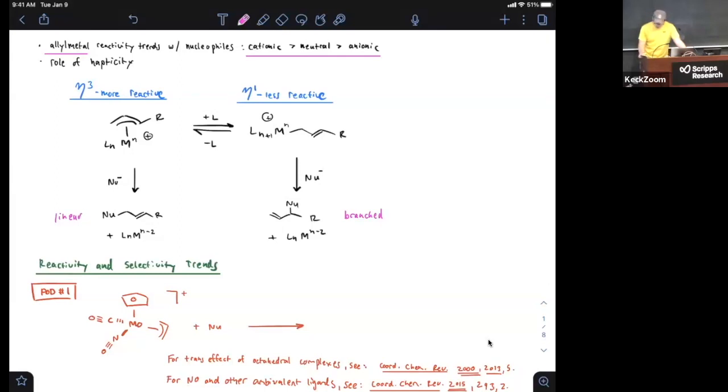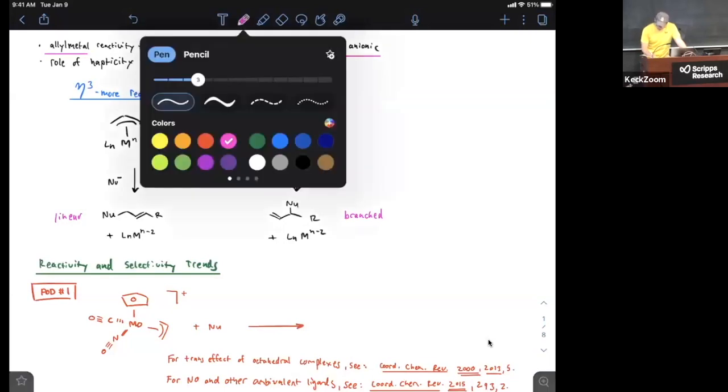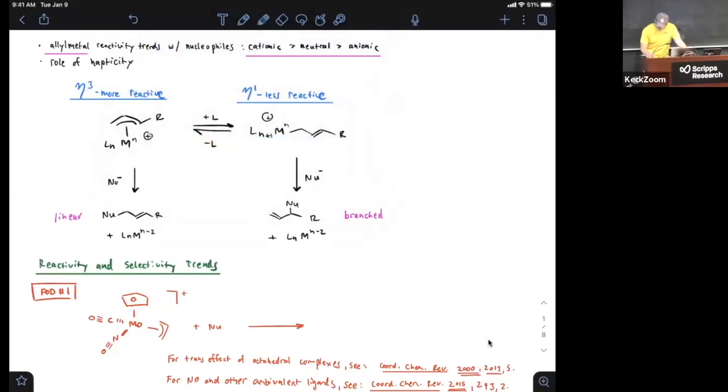Okay, so Madison says allyl terminus. So why do you prefer the allyl to carbonyl or to Cp? Like we just talked about, it's more electrophilic.